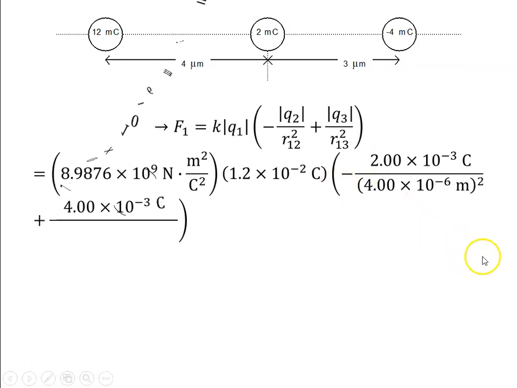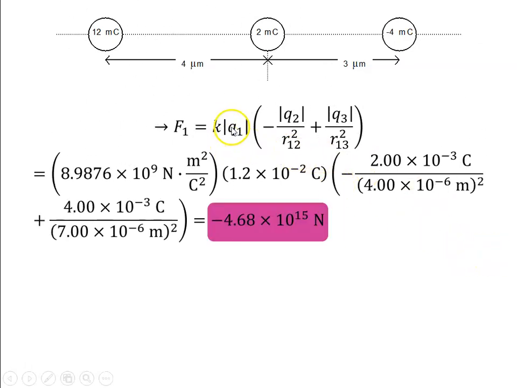Notice I factored out a magnitude of Q1. These absolute value signs that I put around my charges are so that I can plug in my charges themselves without having to worry about plus or minus signs. I just plug in the magnitude of each charge, and then I deal with the minus signs as signs in front that we got from our free body diagram.